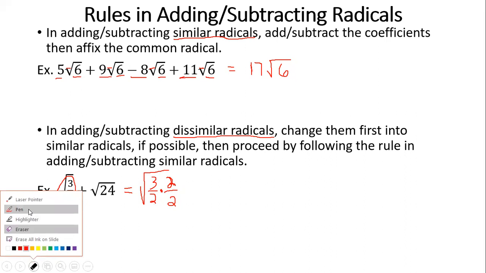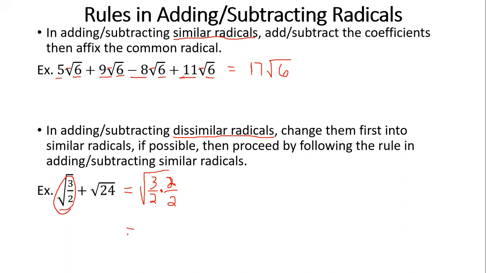Okay, and we also have, ayan, that will be square root of 6 all over 4. Multiply lang po natin, 3 times 2, that will become 6. 2 times 2, that will become 4.